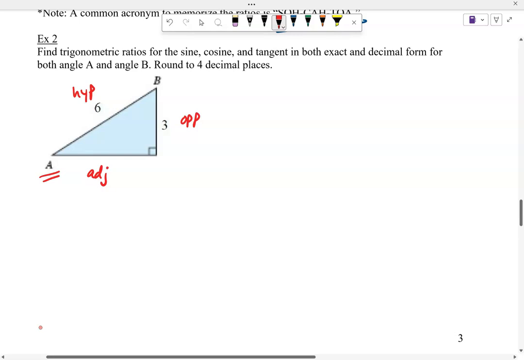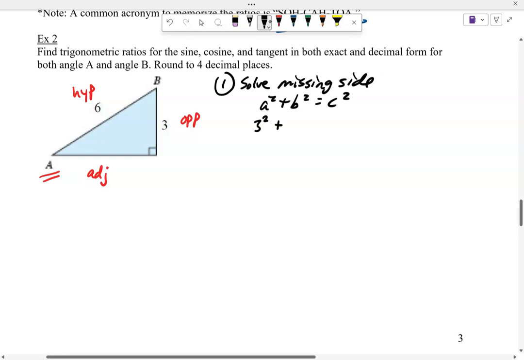For angle A, we don't know the adjacent side. So first, let's solve for the side length. We've got A squared plus B squared equals C squared. A is 3, B is the adjacent side, C is 6. We've got 9 plus B squared equals 36.